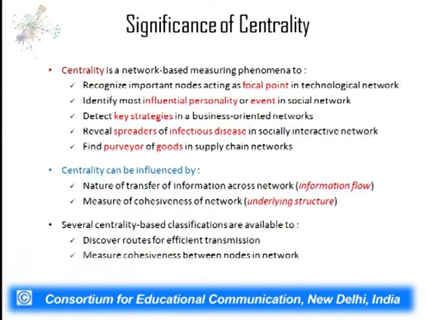In such networks, it reveals who are the spreaders of, say, an infectious disease, and how some type of antidote can be given to those people so that it gets restricted. This is why, whenever a person is suffering from an infectious disease, the doctors ask them to isolate themselves so that it does not spread to the entire network, because obviously the spread of such infectious disease depends upon how frequently that person is interacting, and with what type of community, etc.